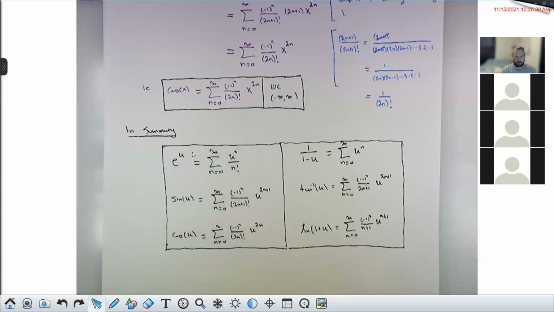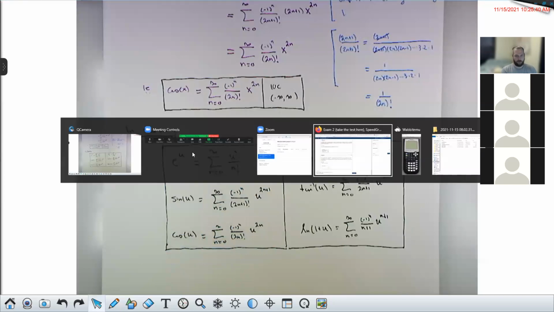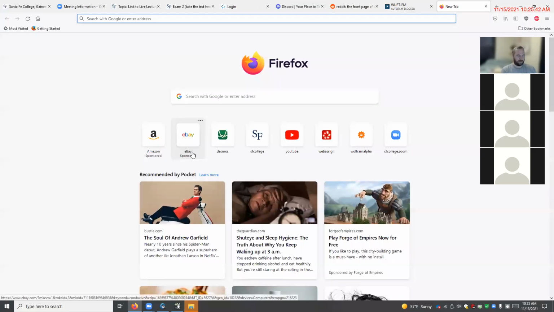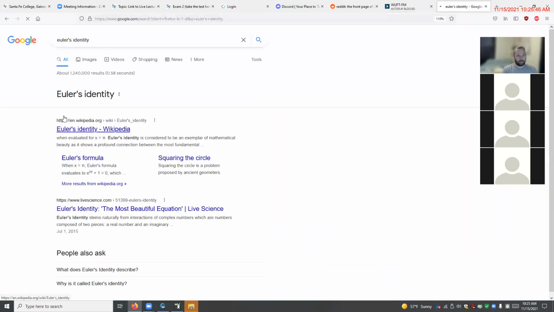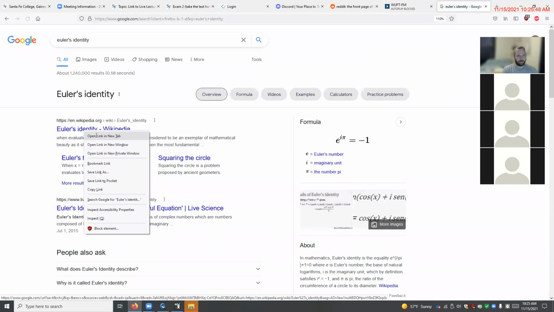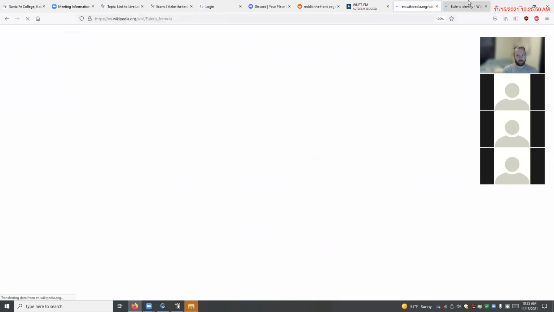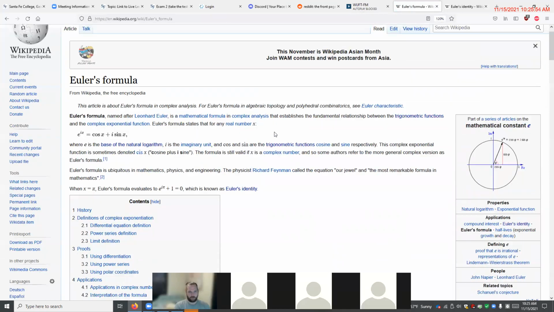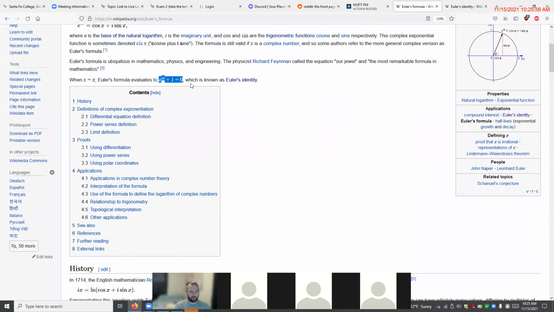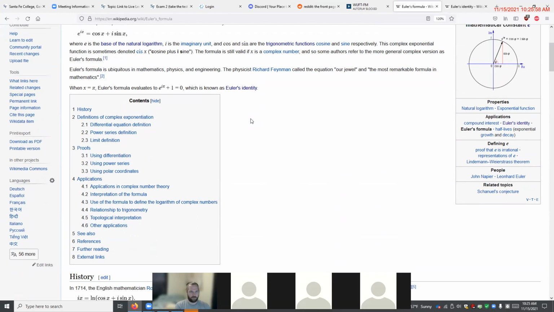I'm wearing the wrong shirt for today, but maybe you have seen this sitting around somewhere. e to the i pi plus 1 equals 0.